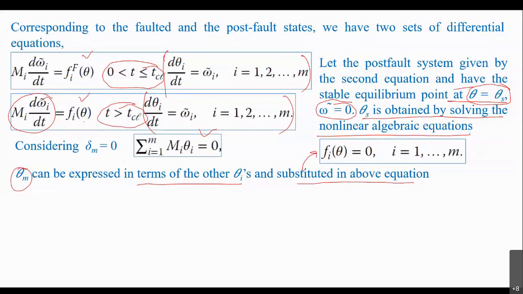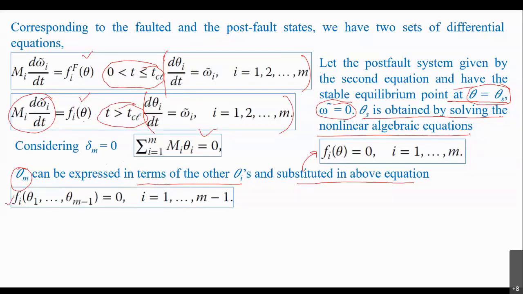So now we have m minus 1 number of equations instead of m equations. So now we'll have fi as a function of theta 1 to theta m minus 1 equal to 0, and it is for i equal to 1 to m minus 1.